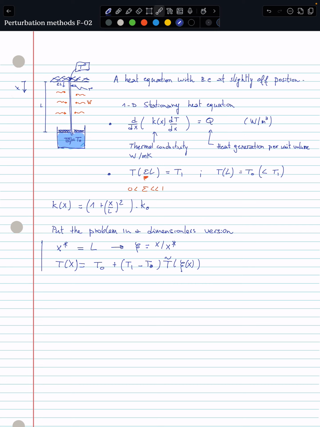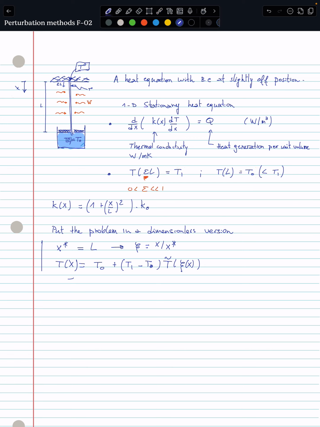I think we understand that this choice for the temperature is, instead of just scaling by a certain quantity, which would be the reference temperature, I scale and then shift. And the aim of that choice is to transform the boundary conditions into something simple, right? Because let's see what this would give when capital T is either equal to T0 or equal to T1.